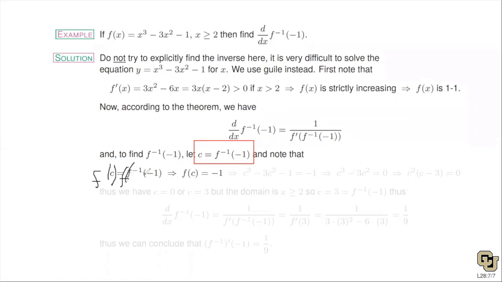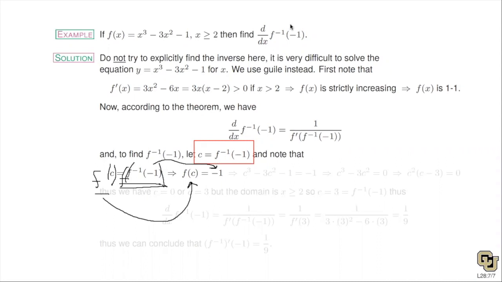If we apply f to both sides, on the left-hand side, f of c is just f of c. On the right-hand side, f of f inverse of -1 gives me back -1 since we're dealing with inverses.